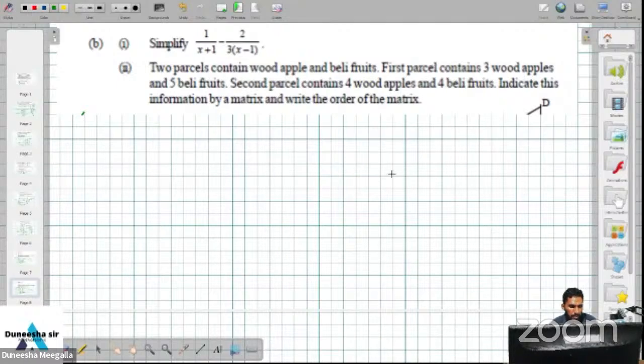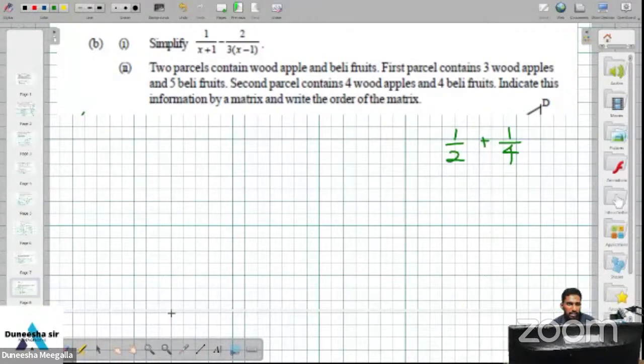Now if we add two fractions, the denominators should be equal. We can only add or subtract fractions with equal denominators. Look, it says first simplify.